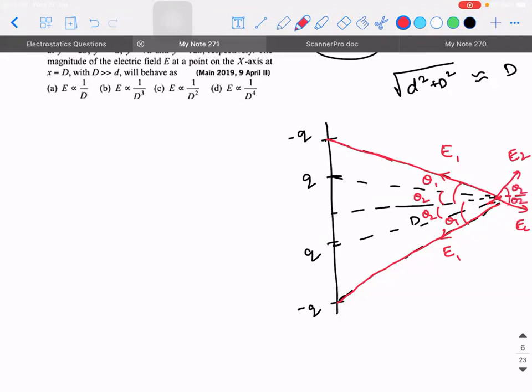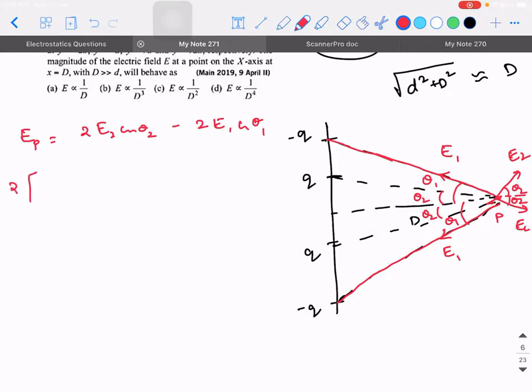And this will also be theta 2. So what is the net electric field at point P? It is 2 times E2 cos theta 2 minus 2 times E1 cos theta 1. This is the net electric field because the vertical direction components will get cancelled.